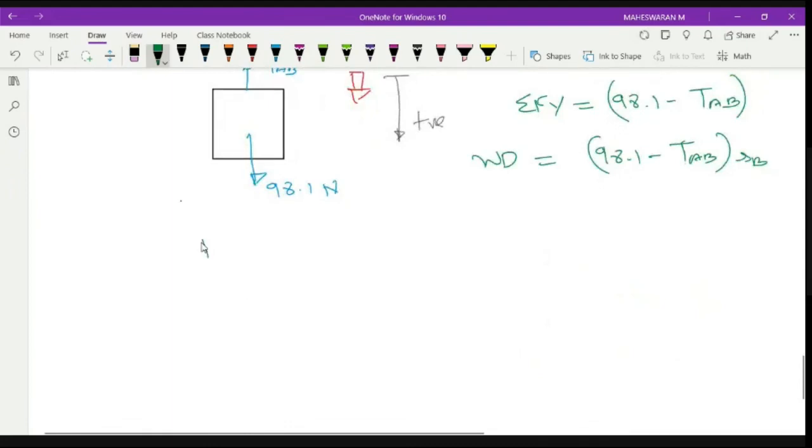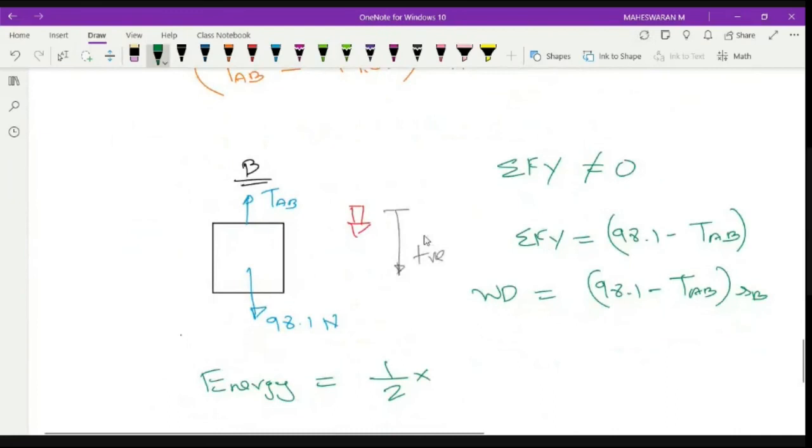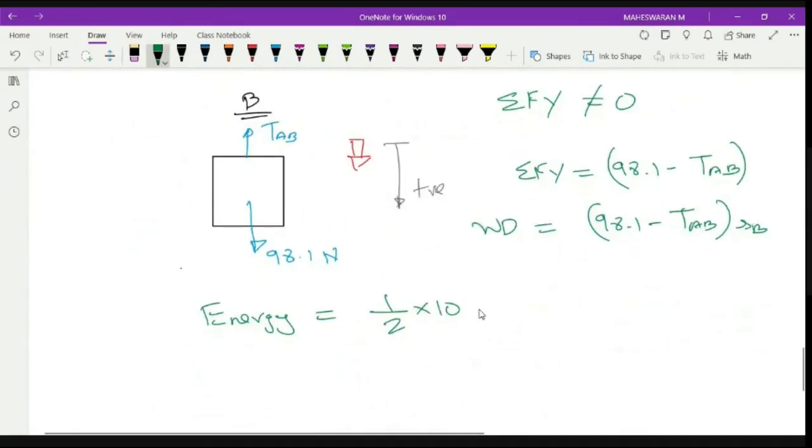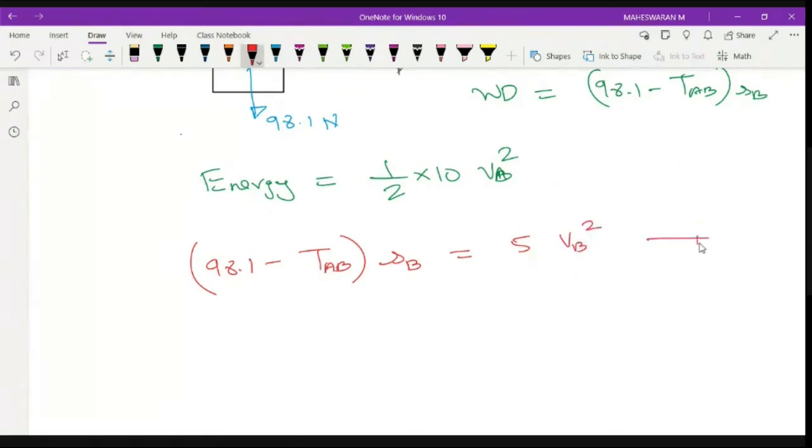Similarly, I'll identify energy. Energy is half mv square, half into what is the weight of this block? 10, right? So half into 10 VB square. So you can equate it. I'll get 98.1 minus TAB into SB is equal to 5 VB square, right? So this is second equation.